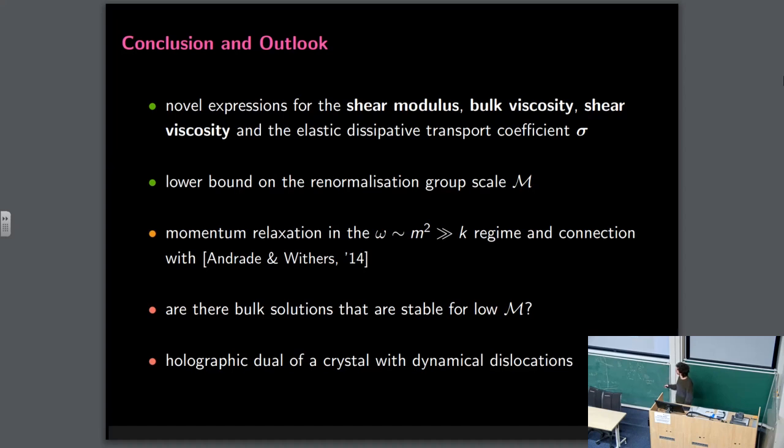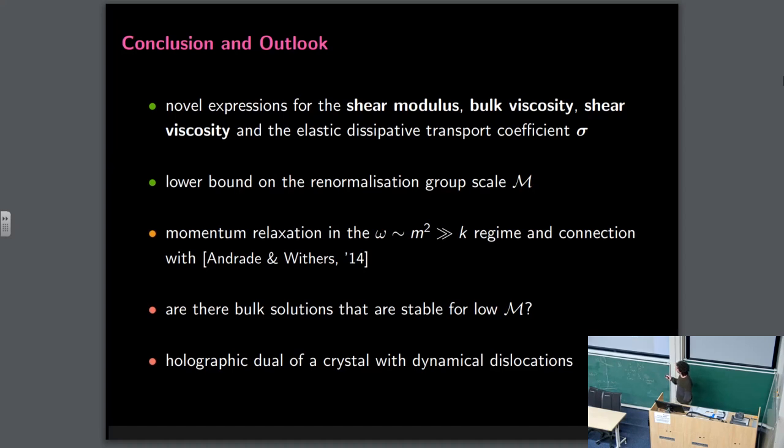And some final comments. A part of this research was also to understand how a regime of momentum relaxation arises when instead of having a finite density of lattice cores, we have a perturbatively small one, such that we are breaking the symmetry not spontaneously but explicitly.